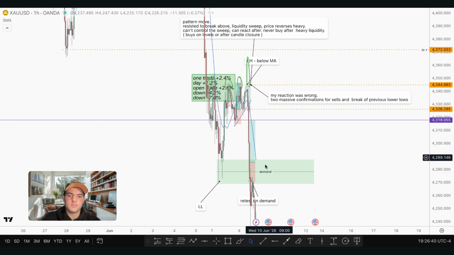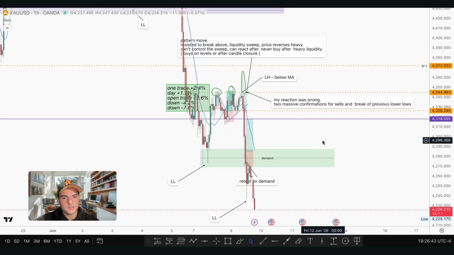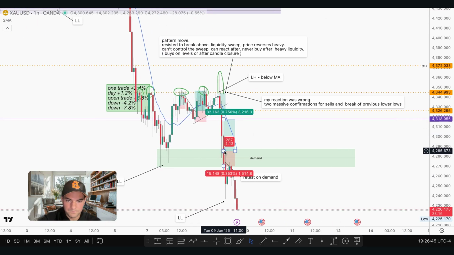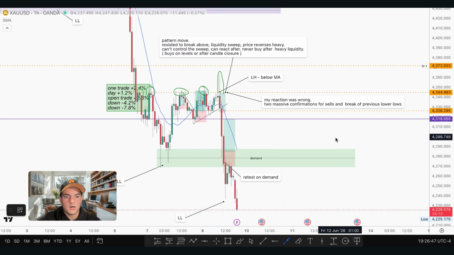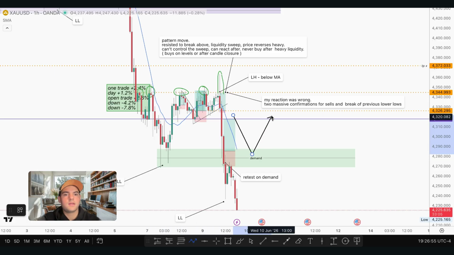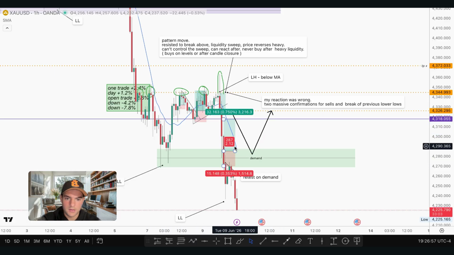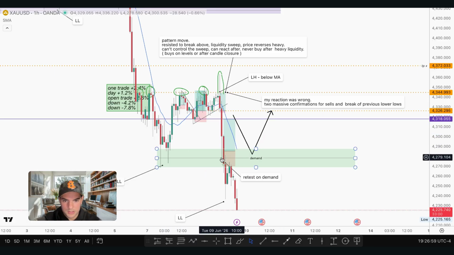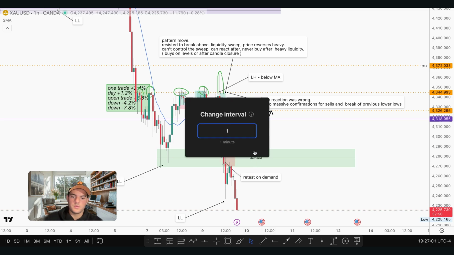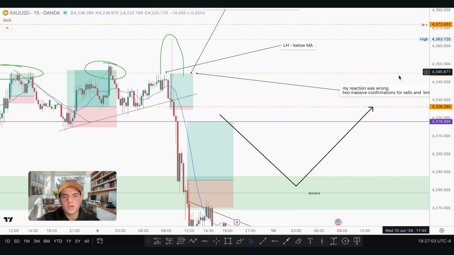I only entered buys right down here, and this is where I took the majority of my losses today, because like I explained in the previous video that I posted yesterday, I was expecting a touch on the demand and then a reversal after that. So we did touch on this area, but we ended up going higher for a little bit right here.